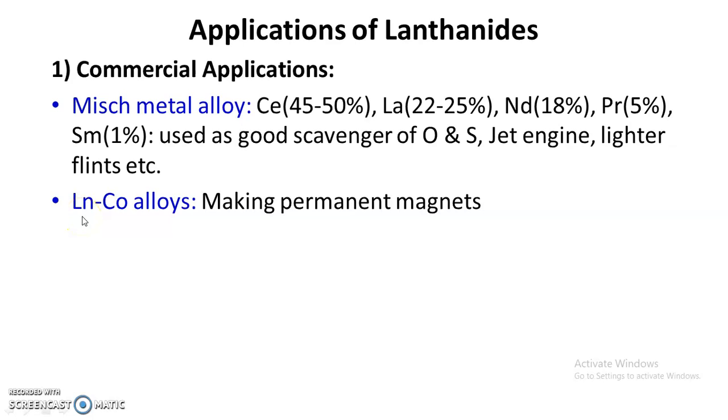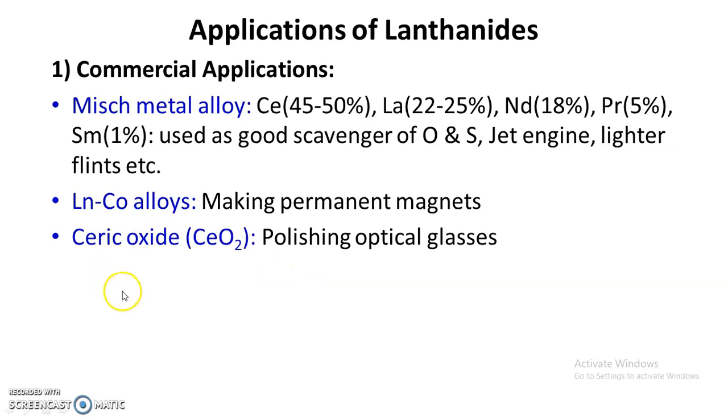Lanthanum or lanthanide iron cobalt alloys are used in making permanent magnets. Cerium oxide is used for polishing optical glasses.